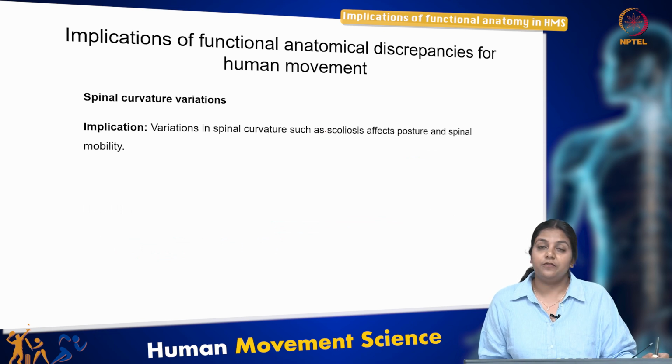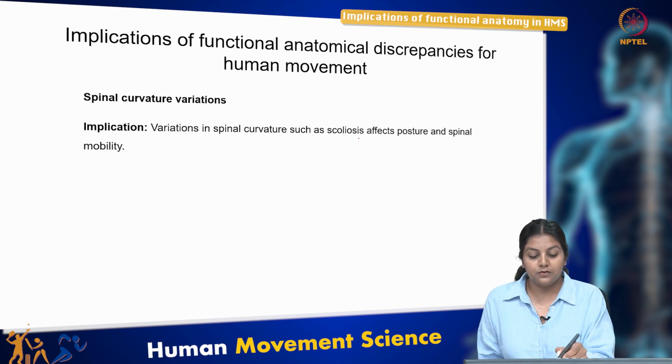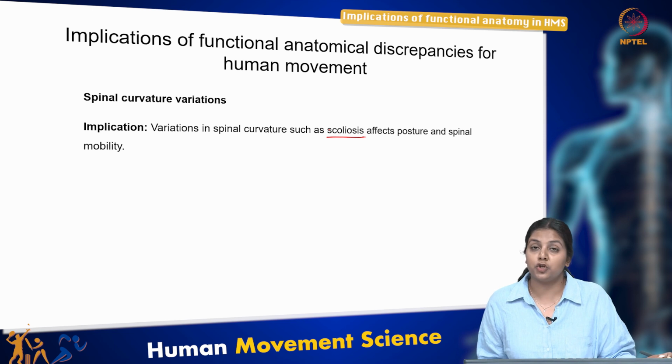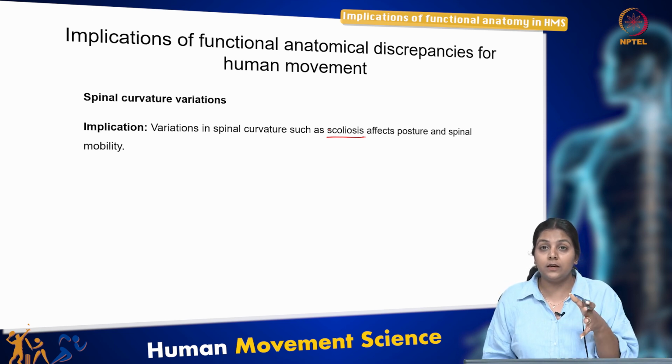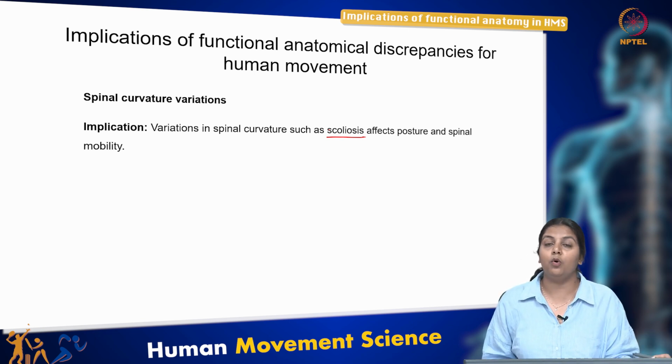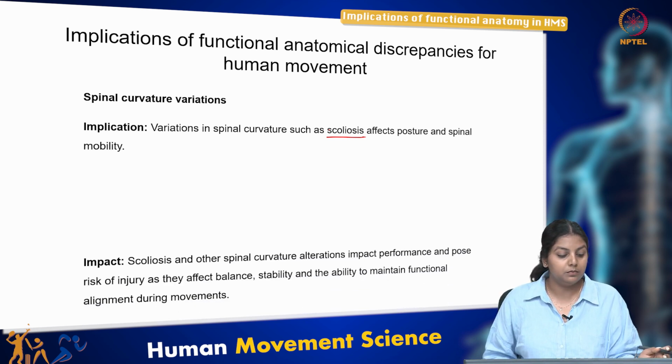So spinal curvature variations such as scoliosis, for example, affect your posture and spinal mobility, right? So having an extended perturbed curve at the spine, at the cervical spine or at the lumbar spine, affects your postural and spinal mobility.